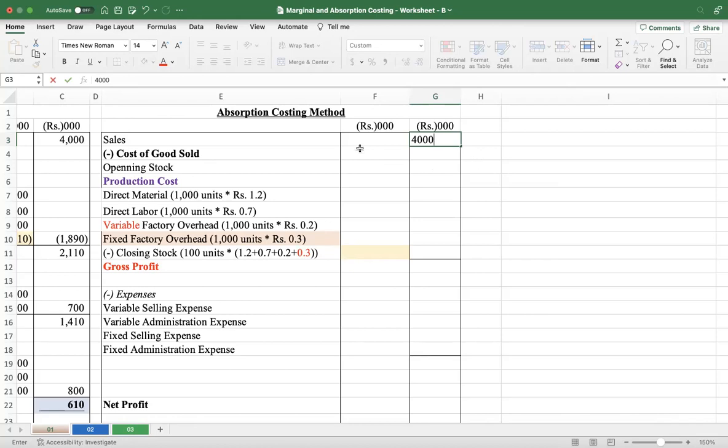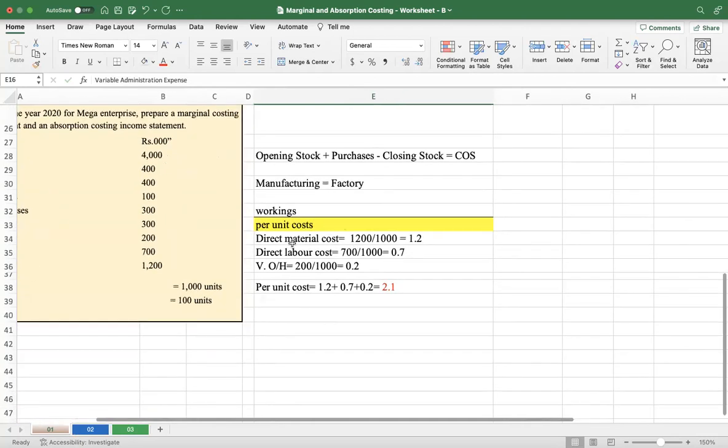Then now we are going to calculate the cost of goods sold next. To calculate the cost of goods sold, like I said, we need to get the opening stock. We don't have any opening stock for this company. Then we need to calculate the production cost. Direct material is given there, 1,200. So again, we need to find the per unit cost, the same way.